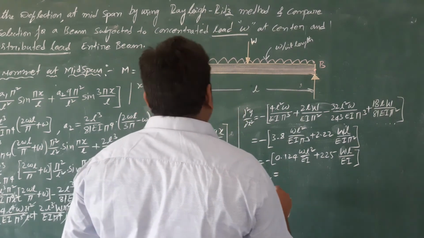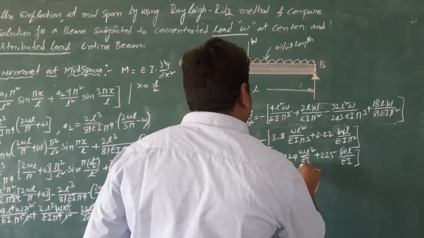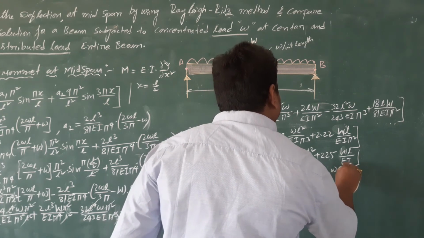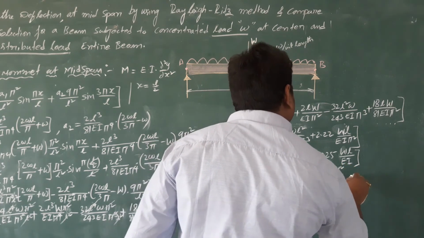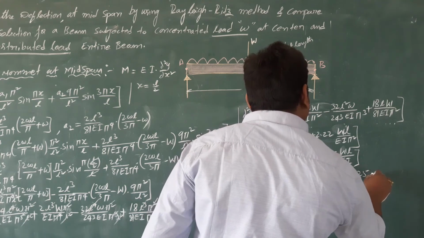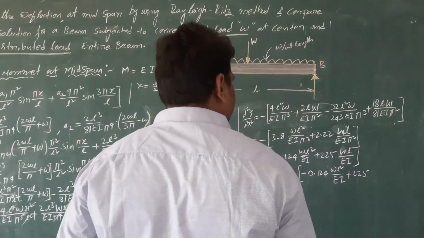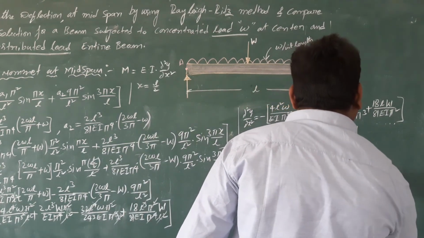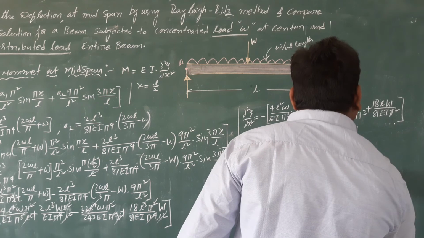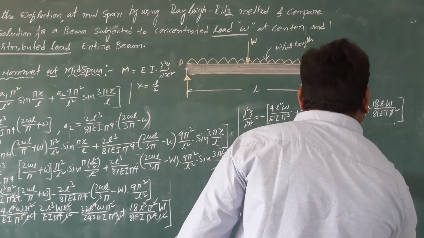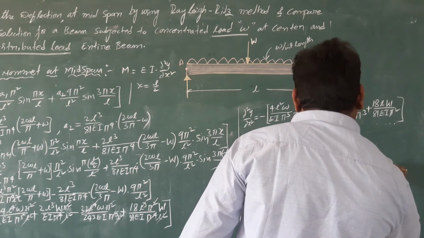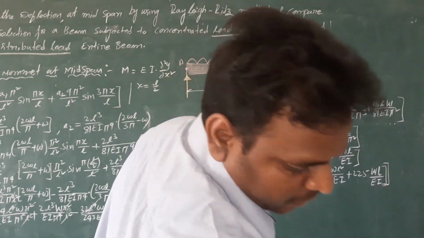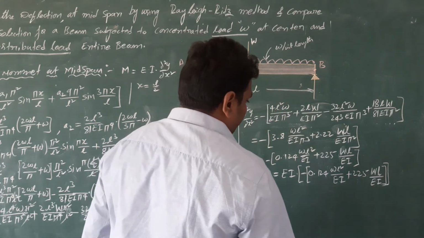Bending moment max is equal to EI into minus of 0.124 WL square by EI plus 0.225 WL by EI. Okay, so minus, substitute minus value.